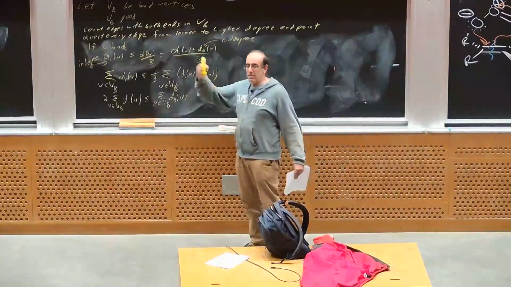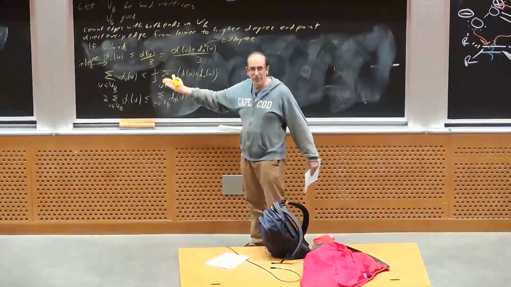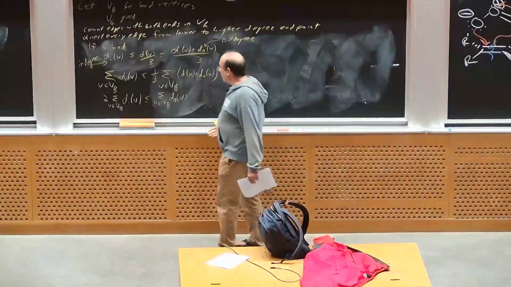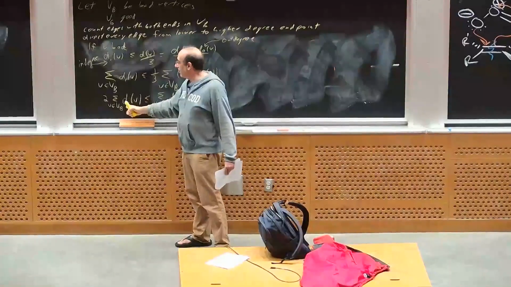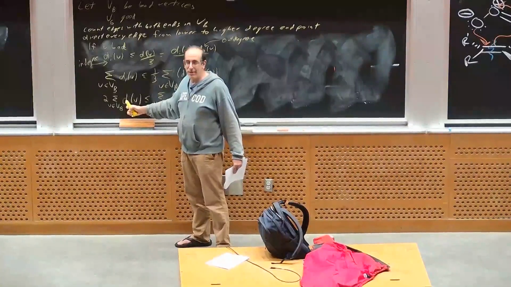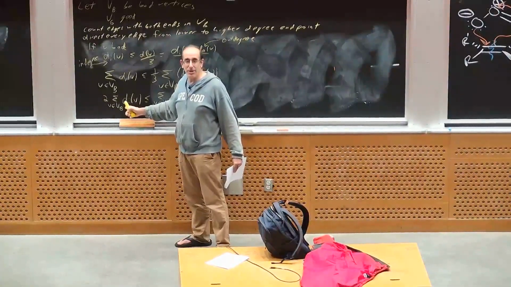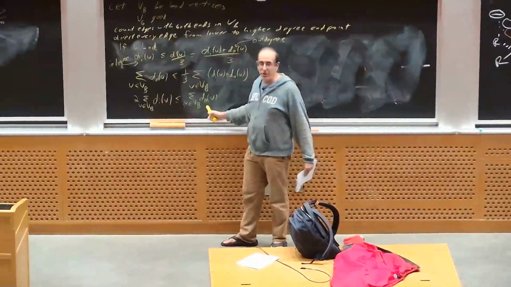Where do those edges go? Where are their other ends? Where do they point to? Well, only half of them can go to bad vertices because the bad vertices only have half as much in degree as they have out degree.